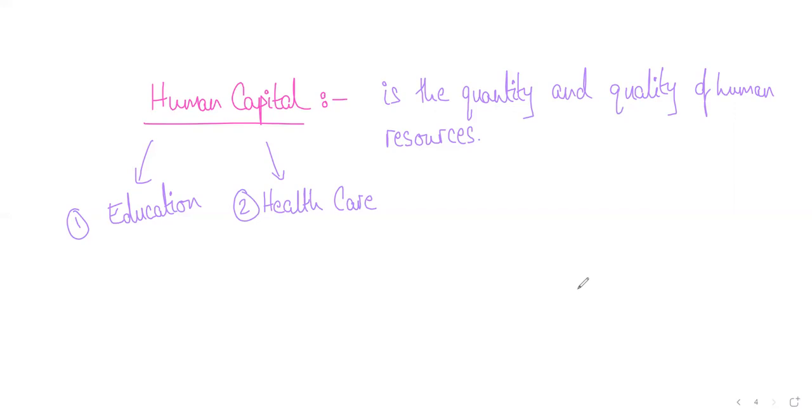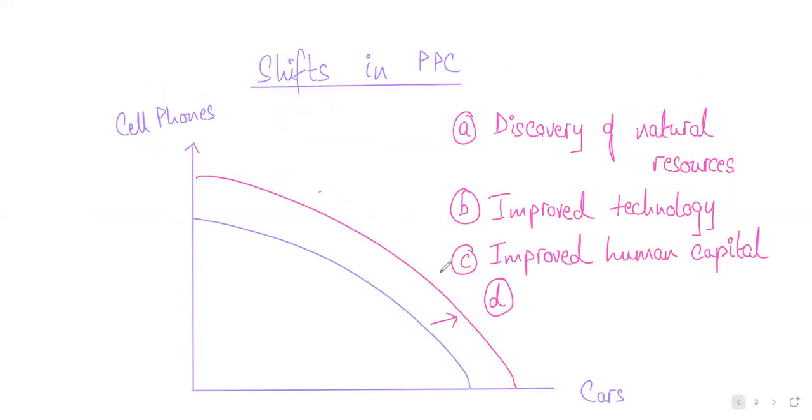So how qualified they are and how healthy they are. Is it making sense? So improvement in human capital will directly increase a country's production potential and therefore cause the PPC to shift outwards. Any confusion so far?